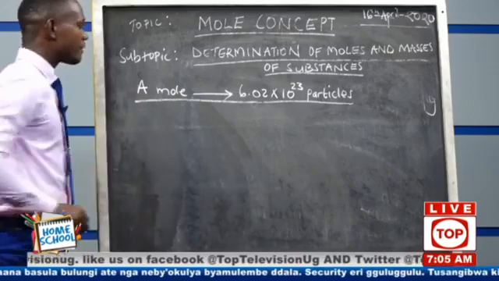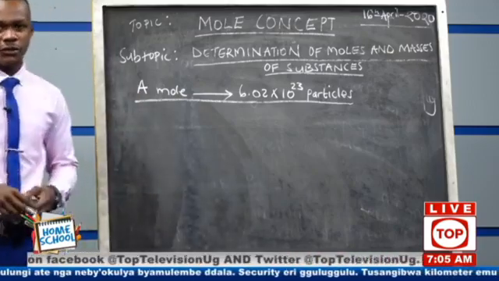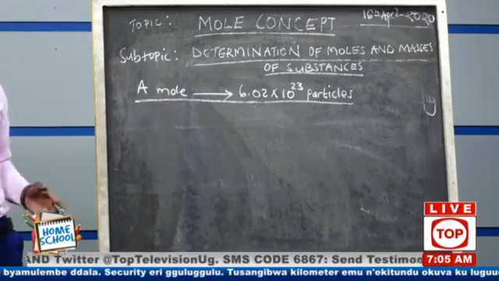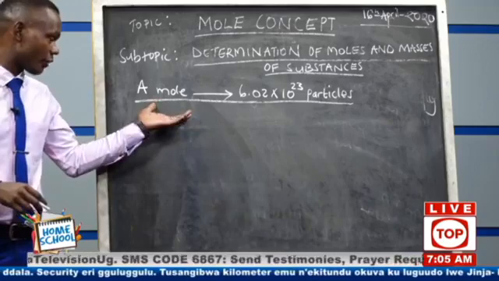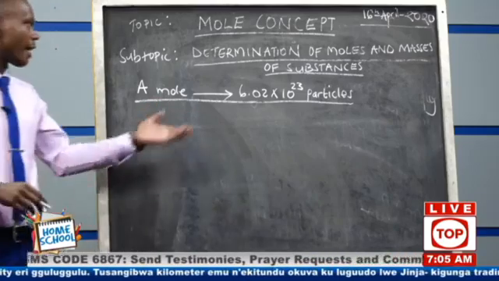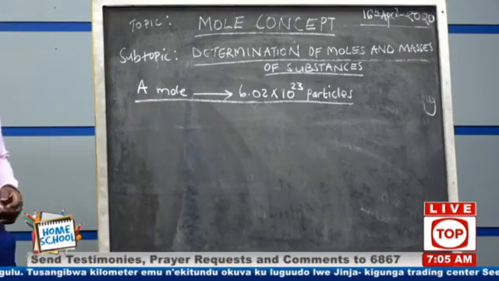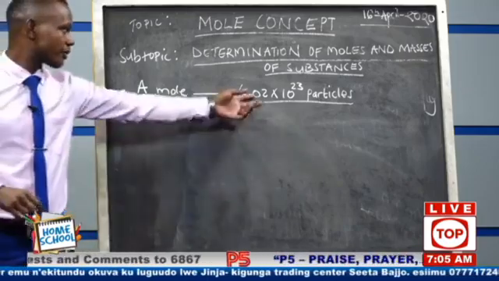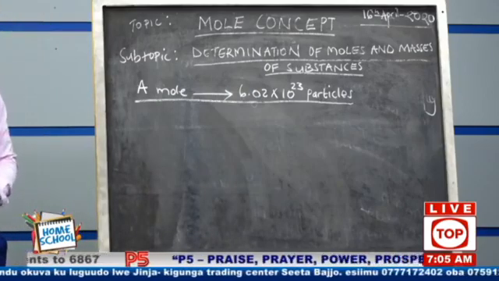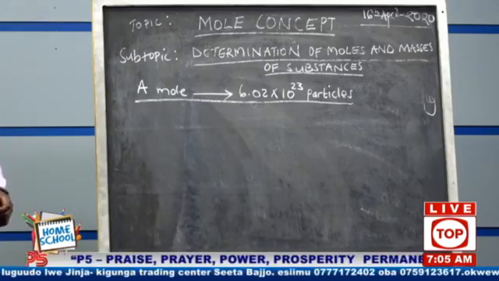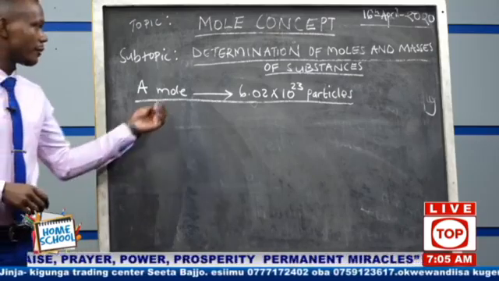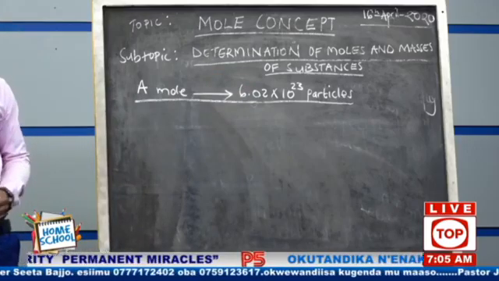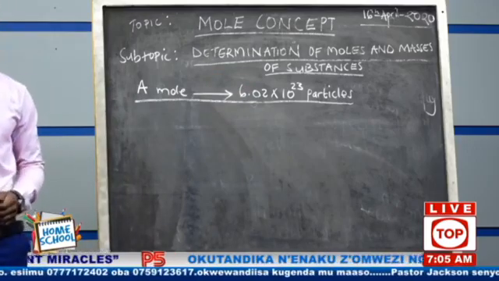And in every concept we are covering, we are going to find out that we are using this point, so it is very important. It is where we derived our definition, because the definition is the amount of particles equal to this number of particles. That's what we looked at, and we said we shall be using it. And particles, you can say we have molecules, ions, atoms, protons, and electrons.